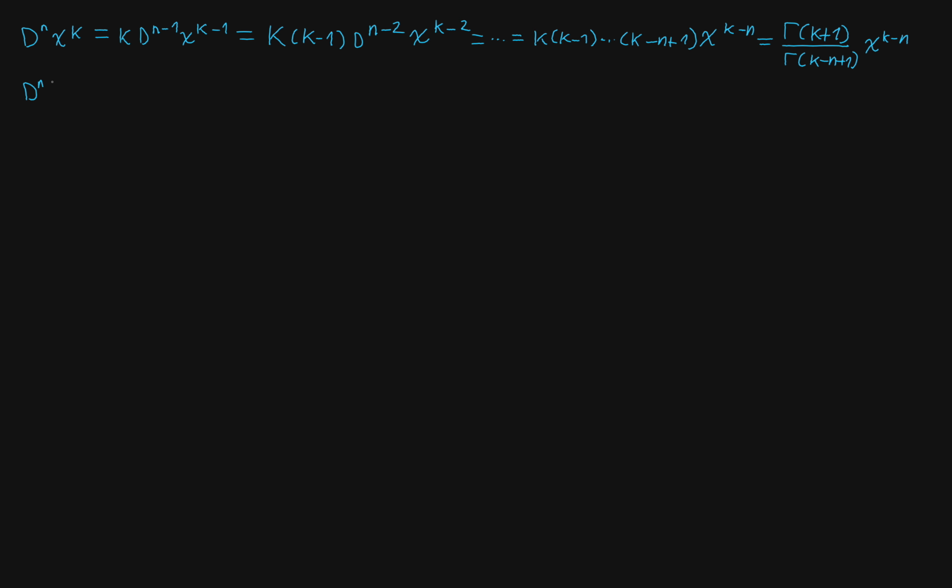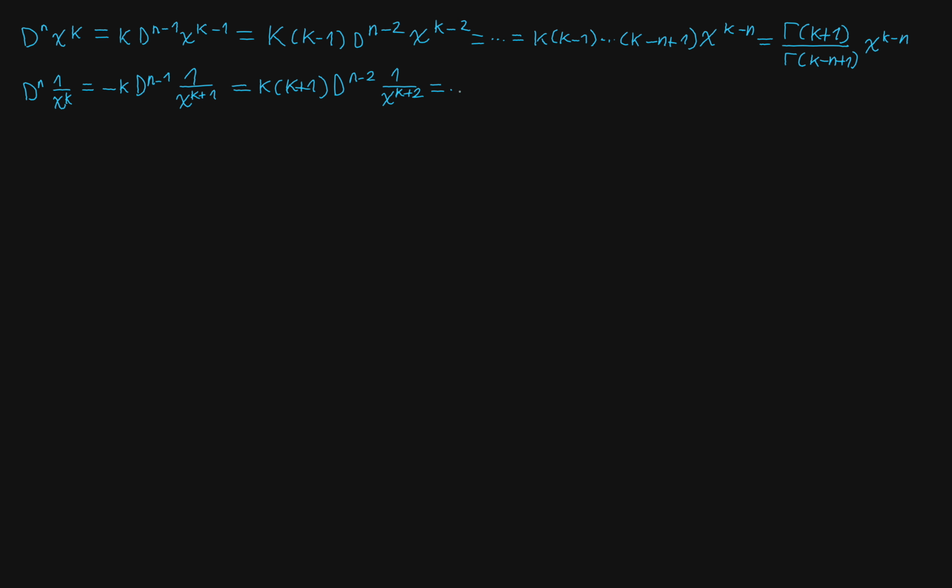If we look at the nth derivative of 1 over x to the k, again doing this inside out, we're going to get minus k times the n minus 1th derivative of 1 over x to the k plus 1. Then minus times a minus, we get a positive k times k plus 1 times the n minus 2nd derivative of 1 over x to the k plus 2.